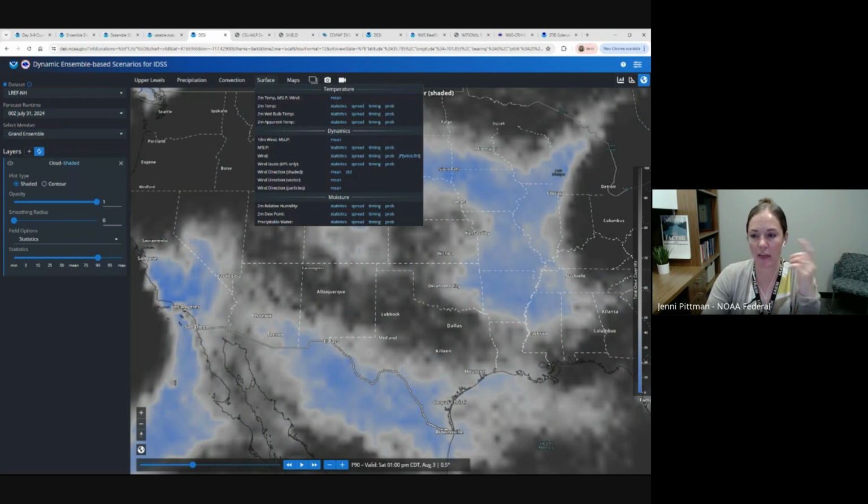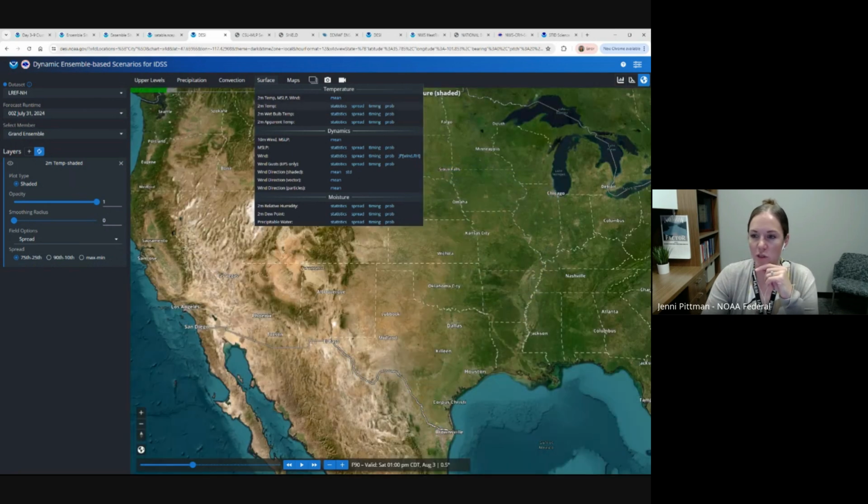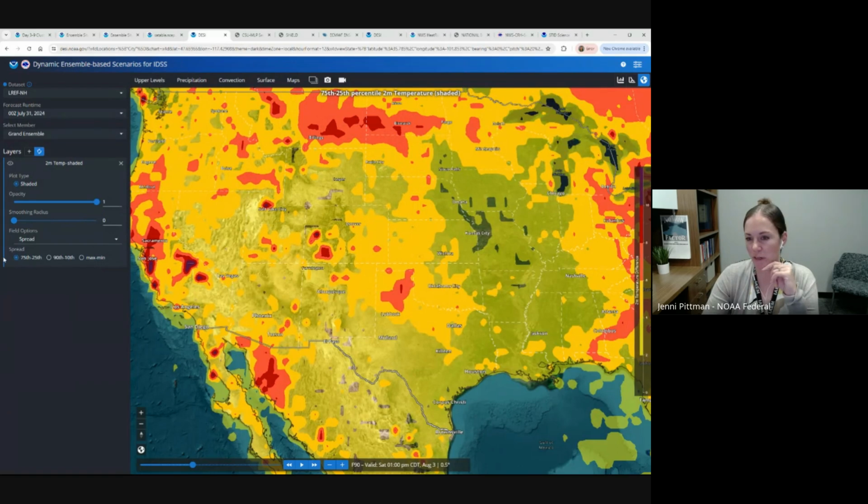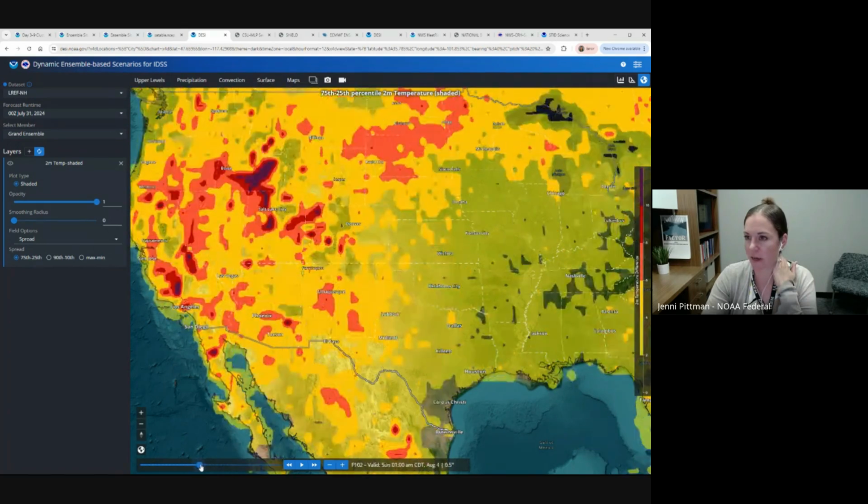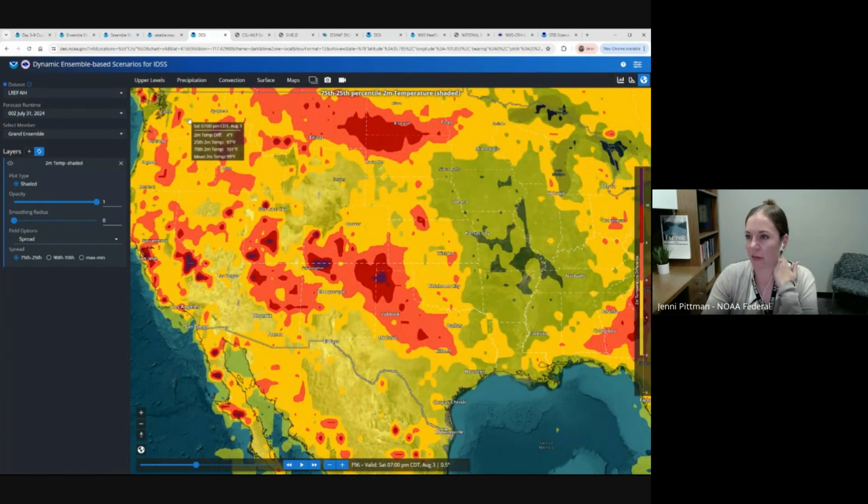So we've just been looking at generally means. We've looked at a couple of 90th percentiles, but we can look at spread to get an idea of uncertainty. So let's go back to our 2-meter temperature, and we'll look at our 75th to 25th percentile and pick a hot period, so Saturday, and look at this area.